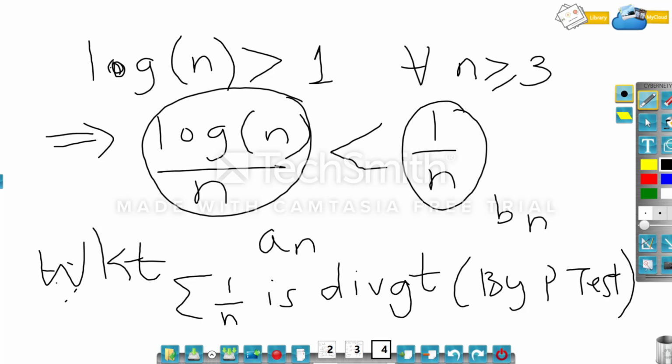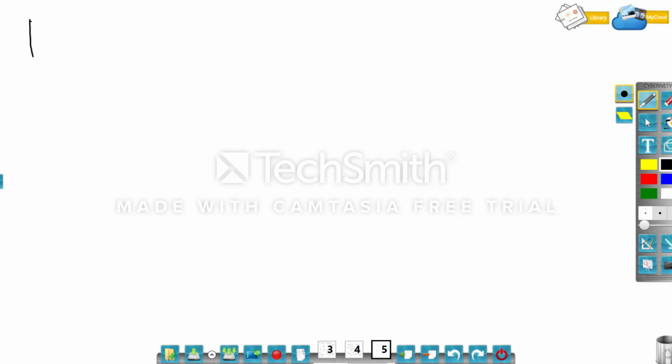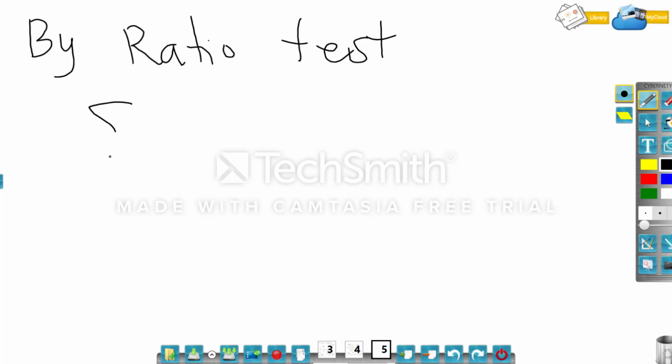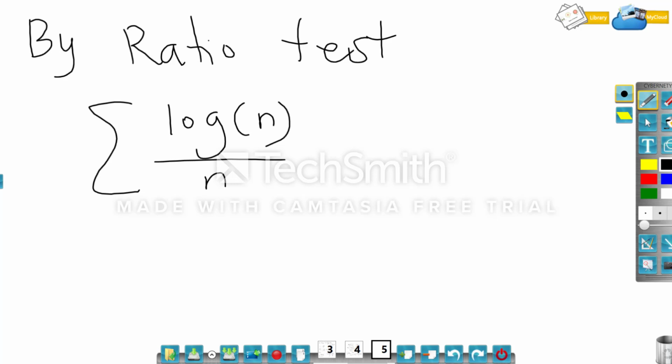So if the series Bn is divergent, then by the ratio test, the series log n by n is divergent.